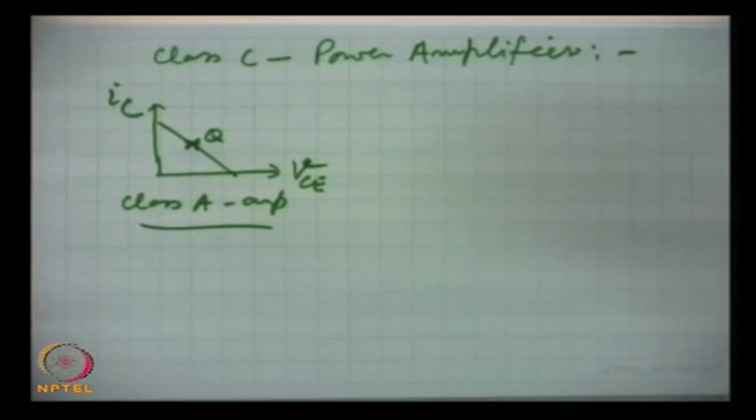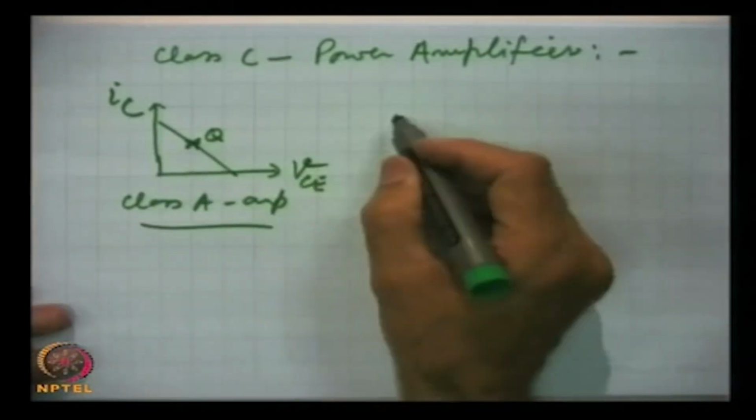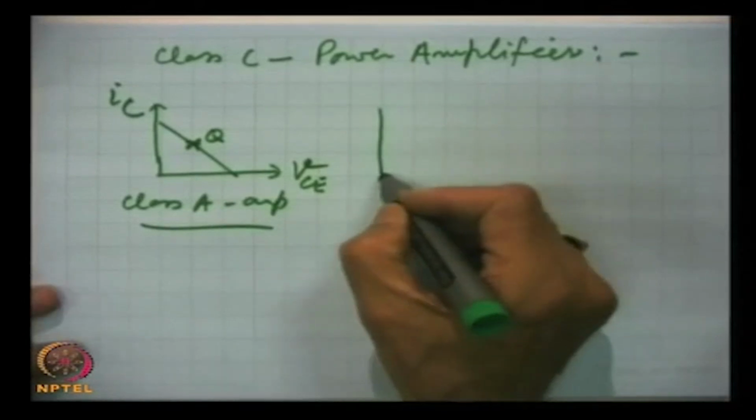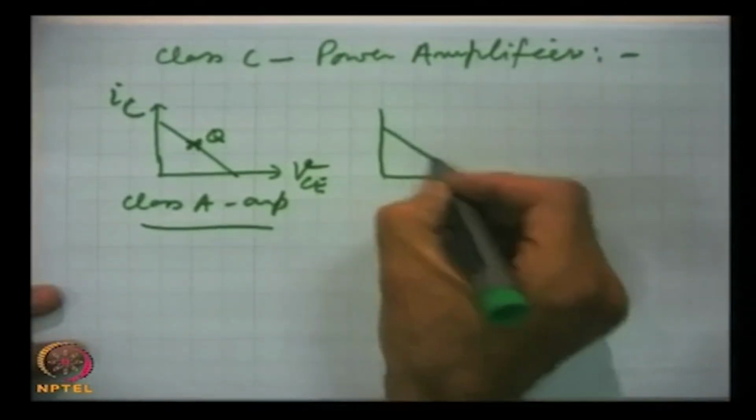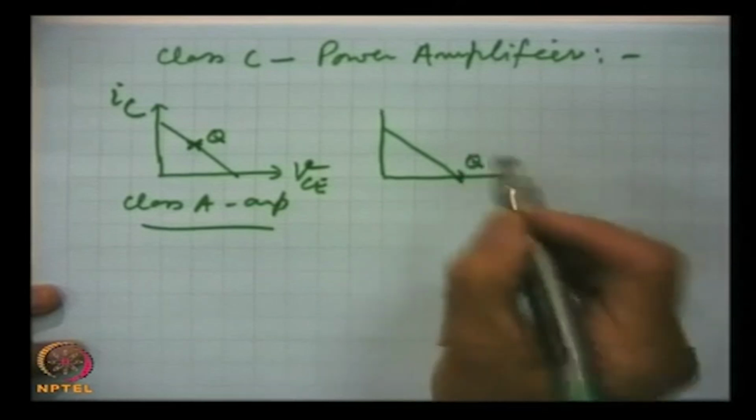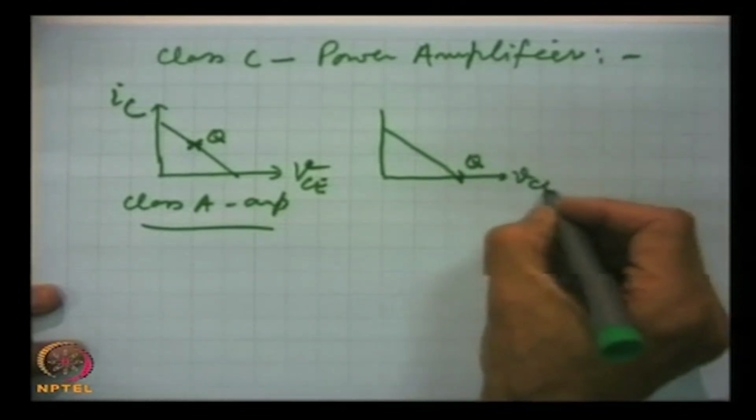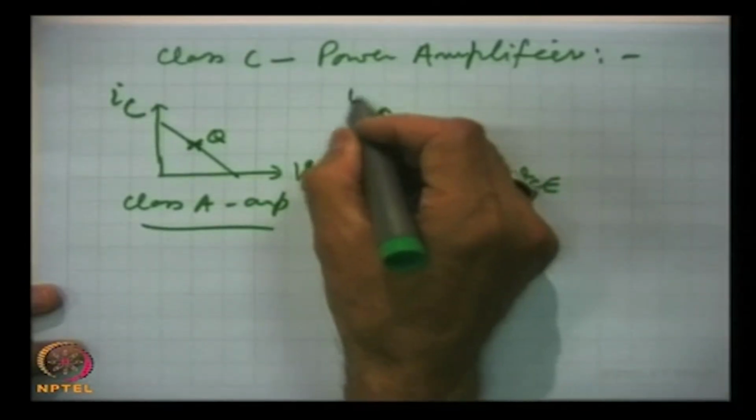In the B amplifier, we shifted this operating point to this point. Q is here, this is VCE and this is IC.